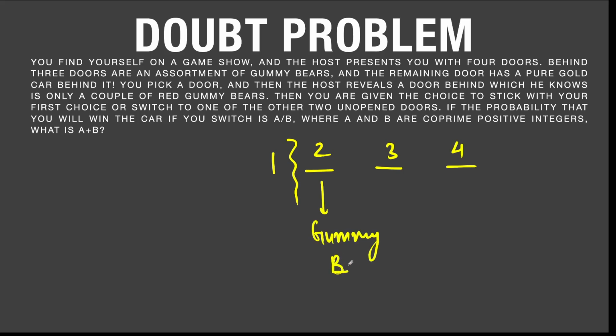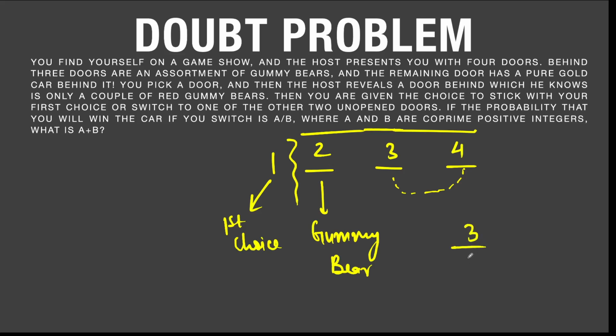Okay, this had a gummy bear in it, and this was your first choice. Now there are two doors which are left unopened. Out of these three doors, what is your chance of getting the gold car?